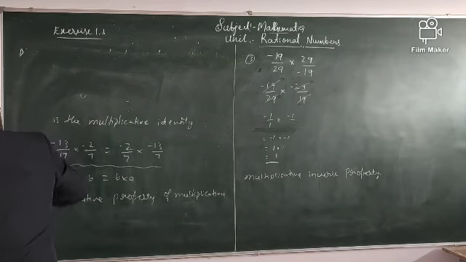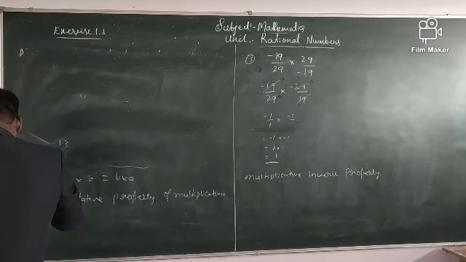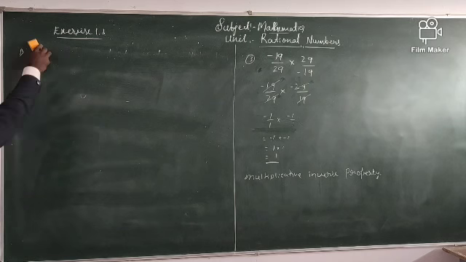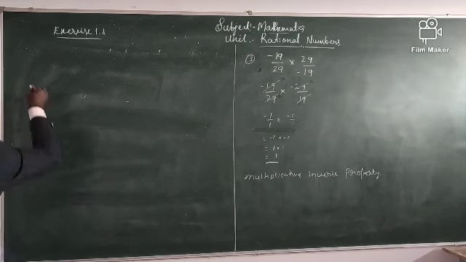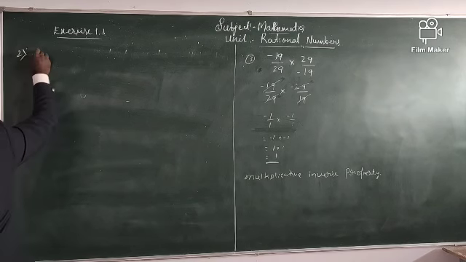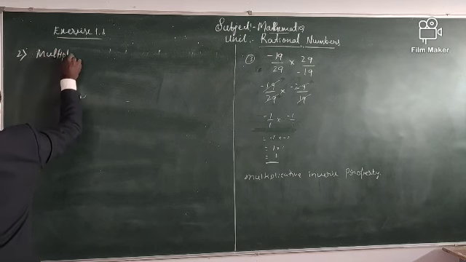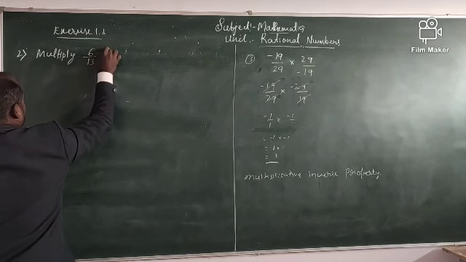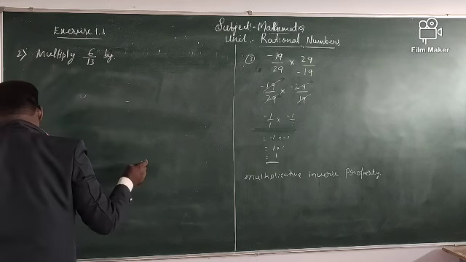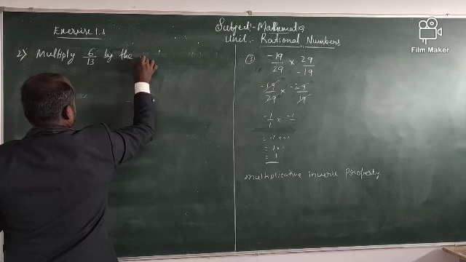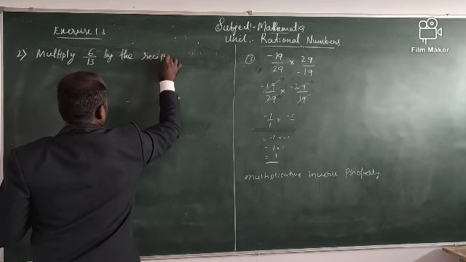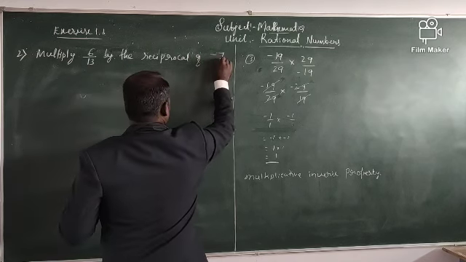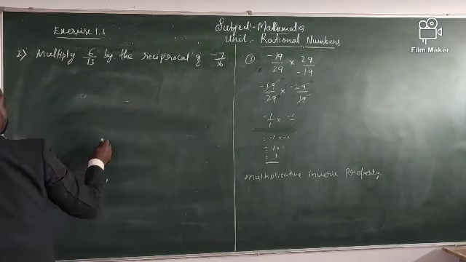Now we are going to discuss another problem. Writing the problem: multiply 6 by 13 by the reciprocal of minus 7 by 16.